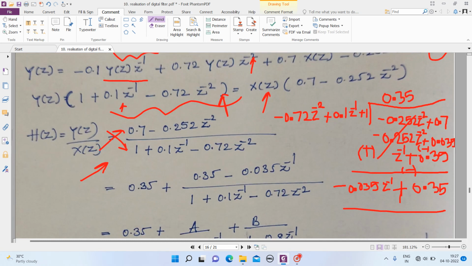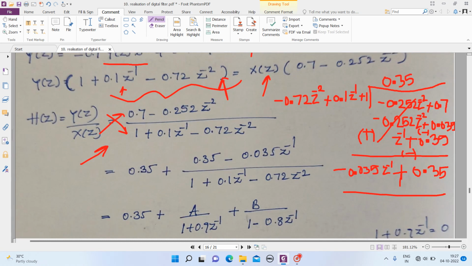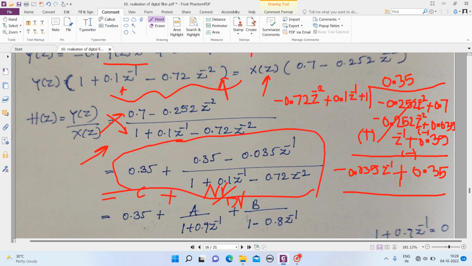We are converting the above equation into a constant plus numerator over denominator. How did we get this equation? How should we convert this equation into this equation?